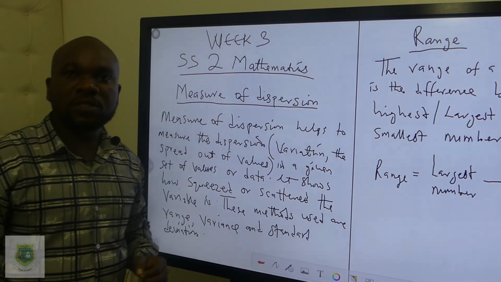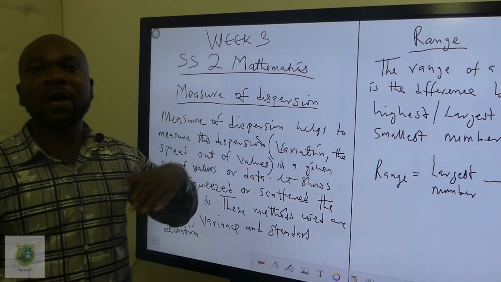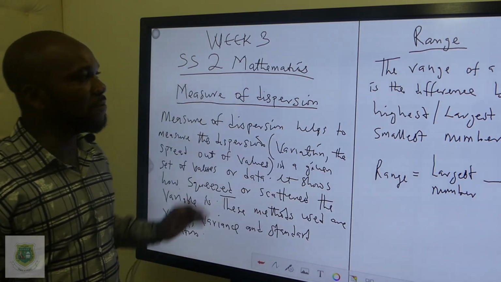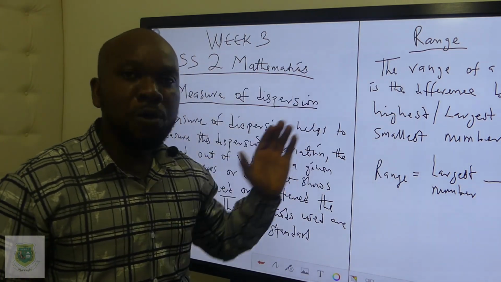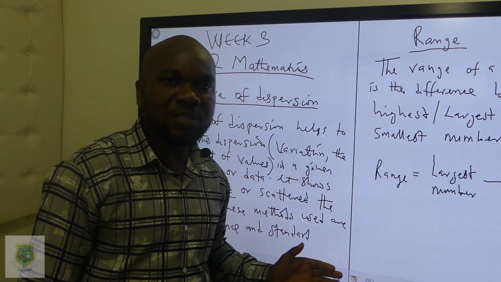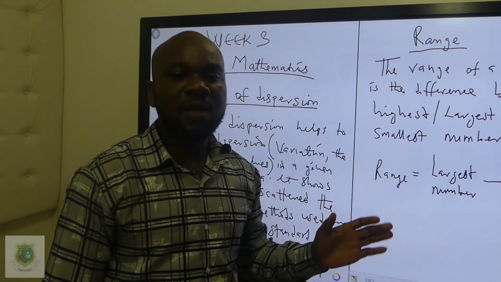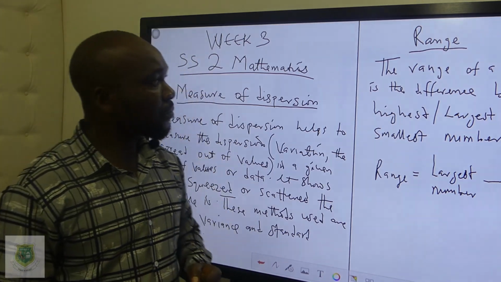The methods used in testing this measure of dispersion are the range, the variance, and standard deviation. And remember that we are doing all these things for ungrouped data. We have range, variance, standard deviation for ungrouped data. We also have the one for grouped data.